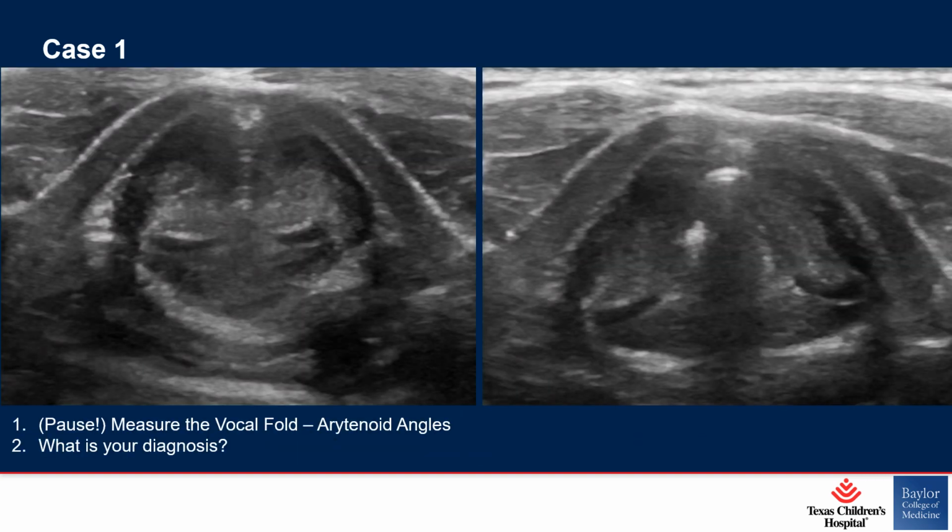Now, try to make a qualitative diagnosis. Measure the vocal fold to arytenoid angles. You can pause the video here in order to make those measurements. And now, see what your diagnosis is. Has it changed from the qualitative diagnosis?